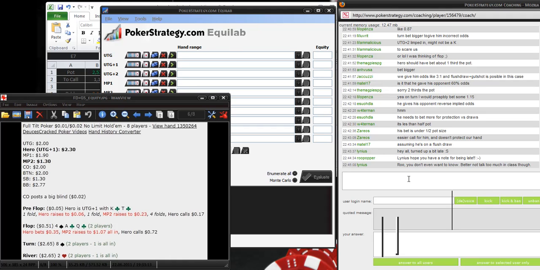Can we call here profitably on the flop if MP2 shoves it? Of course, hero's play is pretty bad, but we are just assuming so far that hero has the decision either to call or fold. So what do you guys think of it? Would our call there be profitable or not?